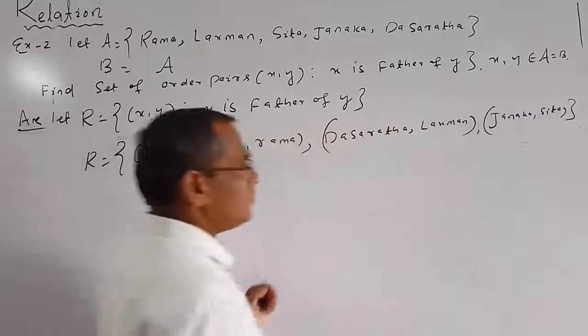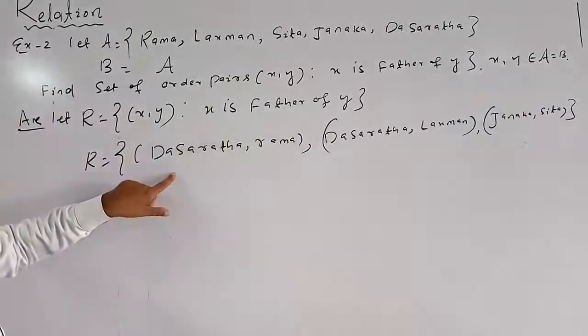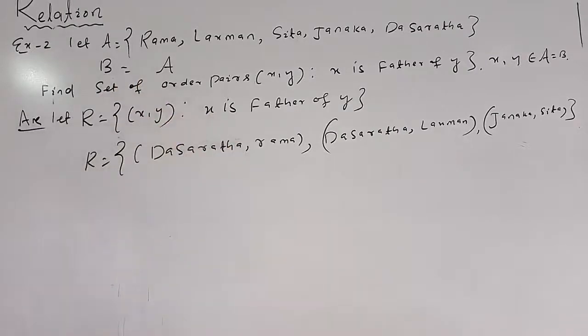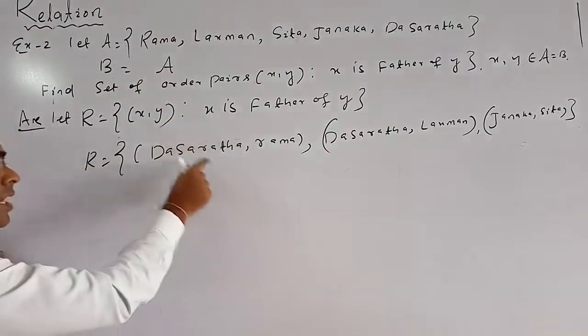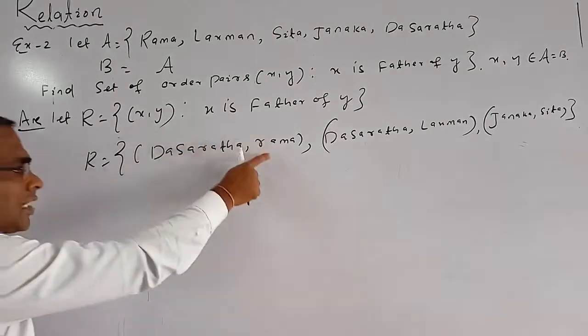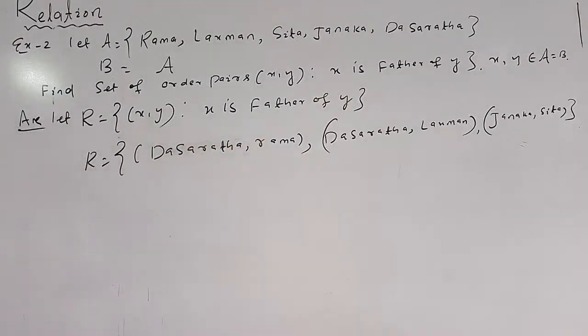Okay. So here R is which relation? Fatherhood relation. Because in every order pair the first component is the father of the second component in that set.